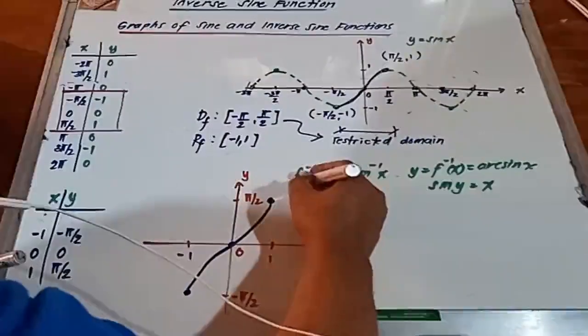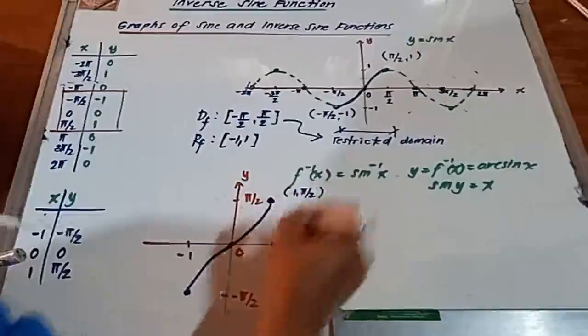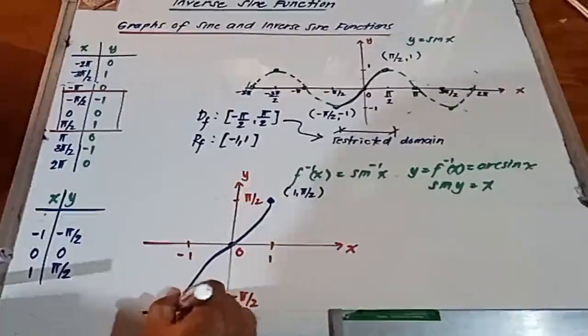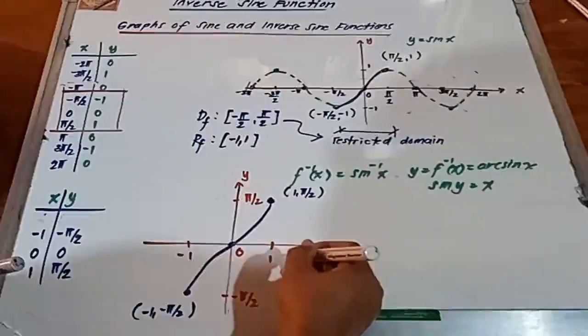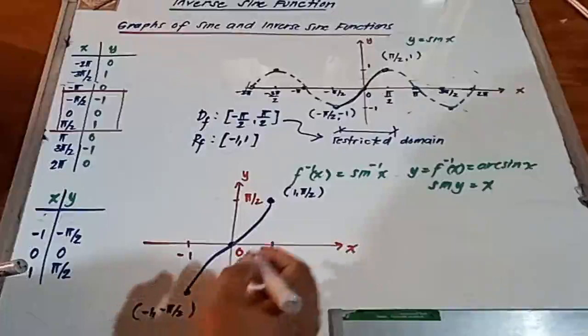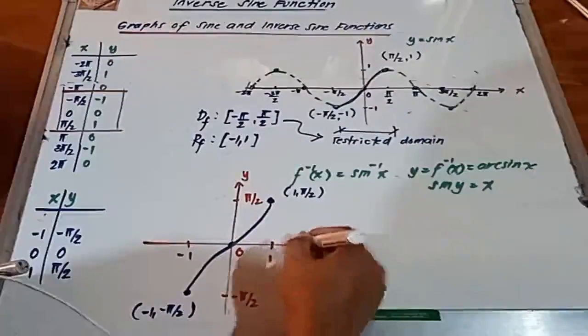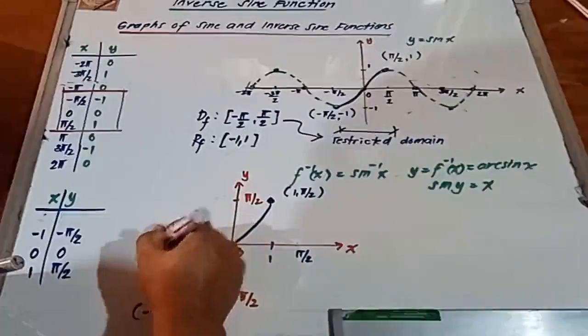Ito ay 1, pi over 2. Here is negative 1, negative pi over 2. Ito, sabihin natin ay 3.14 here. Pi over 2 is 1 point something. Let's say this is pi over 2. And this here, negative pi over 2.